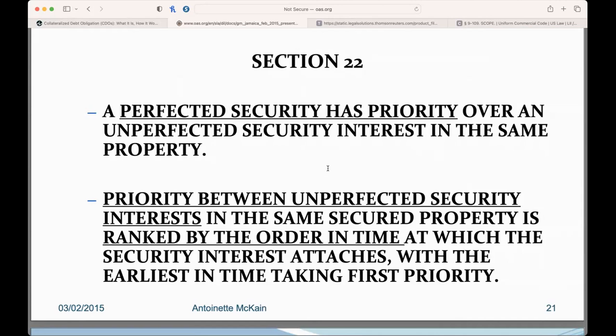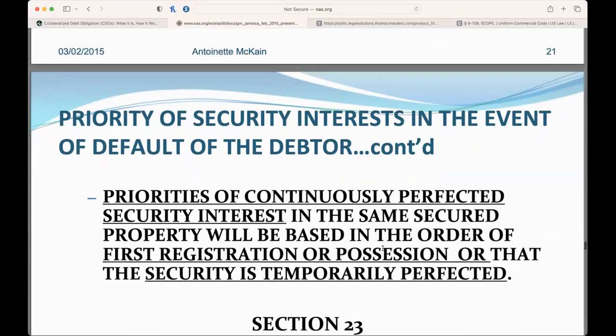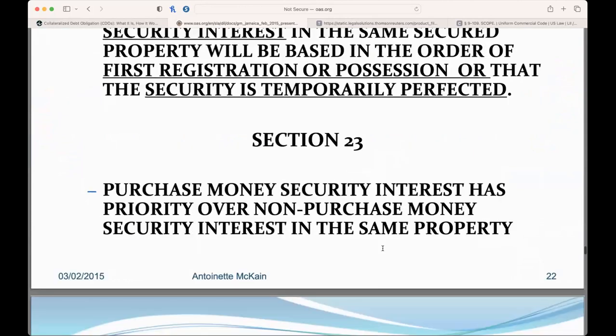It's first in, was it first in, last out? So priorities of continuously perfected security interests in the same secured property will be based on the order of first registration or possession, or that the security is temporarily perfected. Section 23, purchase money security interest has priority over non-purchase money security interest in the same property.